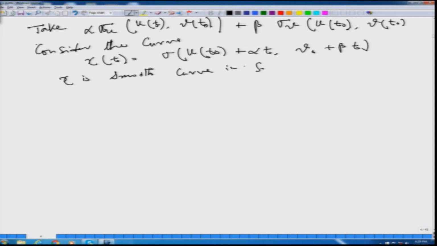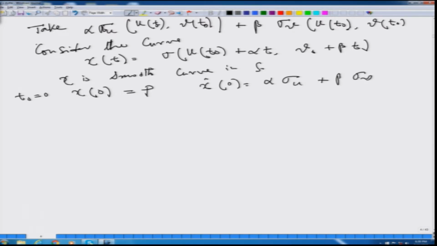in S, gamma at 0, that is t naught equal to 0, is equal to P, and what is gamma dot at 0? This is alpha sigma u plus the other part, beta sigma v.